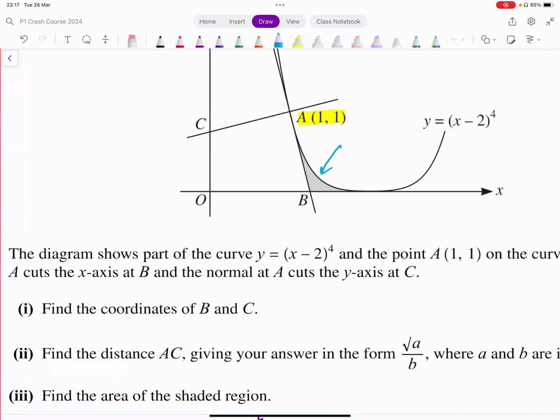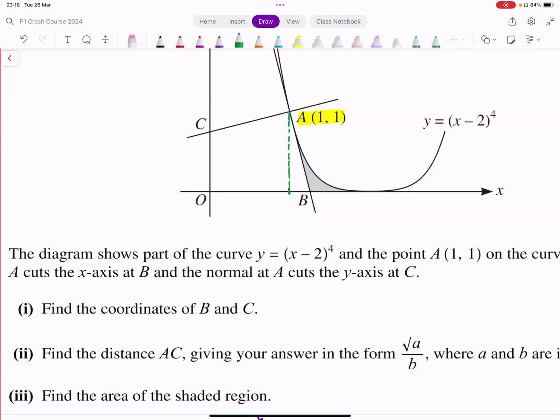Now, how would you describe this shaded area? How would you find this area? You can first find out the x coordinate of the tangent, then we can find out the x coordinate of the graph.